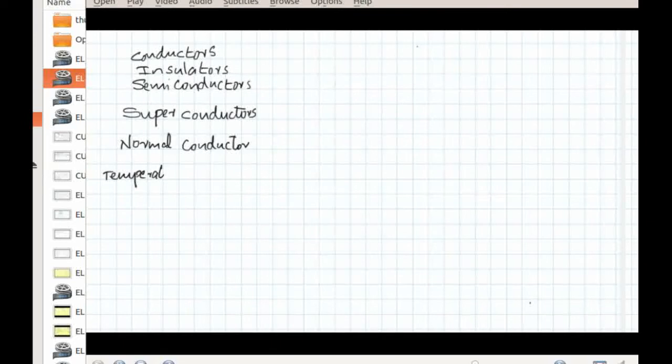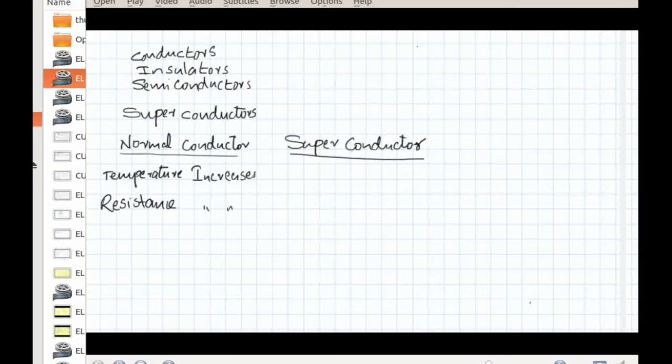for a normal conductor, what happens when the temperature increases? For a normal conductor, when the temperature increases, correspondingly the resistance will increase, right? From the equation RT is equal to R0 into (1 plus alpha T), right? Because for conductors or for metals, the value of alpha is positive also. So when temperature increases, resistance will increase.